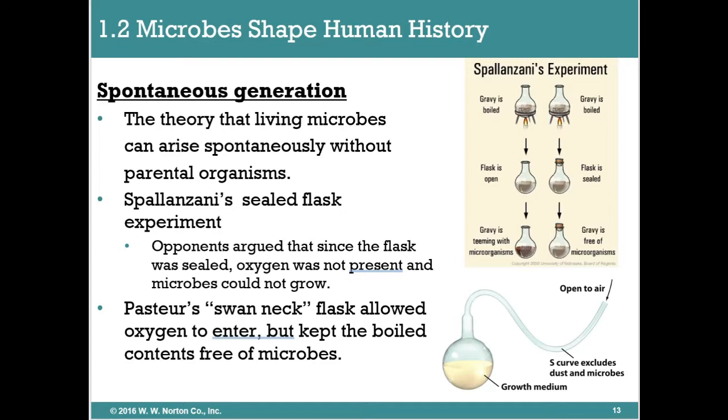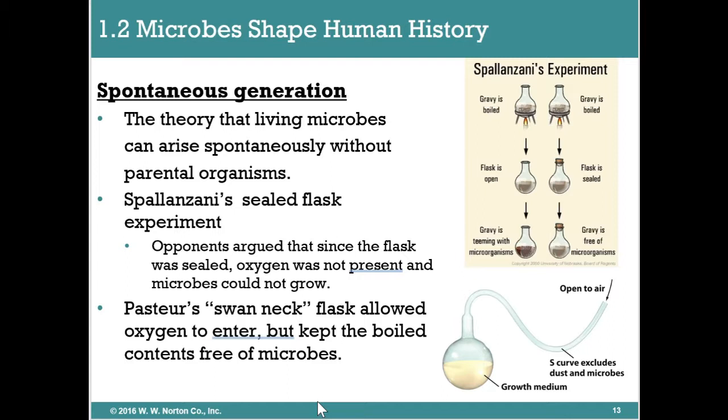The scientist who argued against him the most was Louis Pasteur. He created a swan neck flask, which is the picture on the bottom. This swan neck is S shaped. He said, we think that microbes need oxygen, so let's create this S shape.